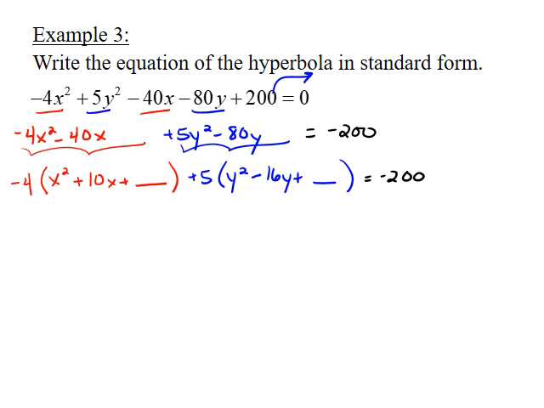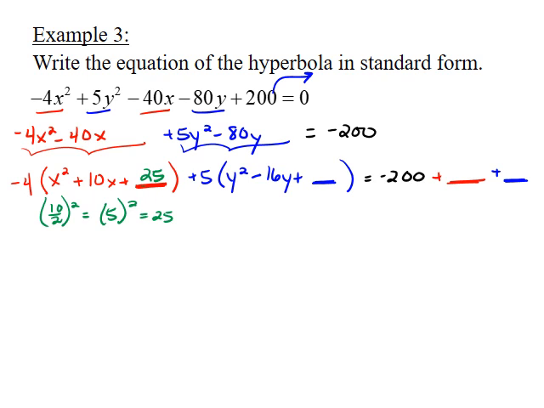Now remember, I'm going to have to add this special number here and this special number to the other side as well. So to find the special little number, I'm going to take b divided by 2 squared, which is 5 squared, which is 25.